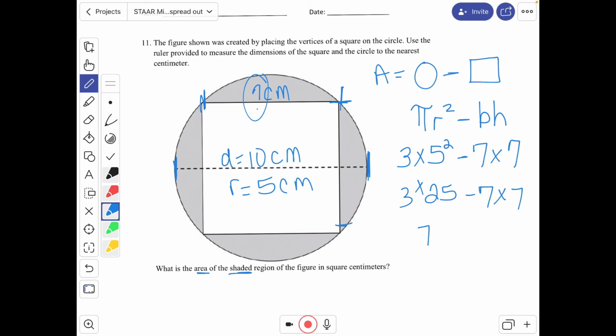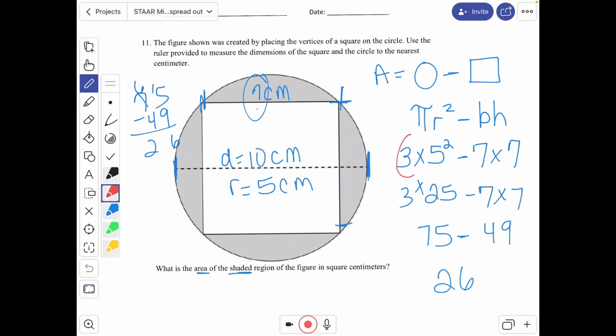Well, 3 times 25 is 75, minus 7 times 7, which is 49. And 75 minus 49 gets me 26. Now remember, we rounded pi way up here. So since we rounded to just 3, you're going to need to pick the answer that is closest to 26. The answer that is closest to 26.